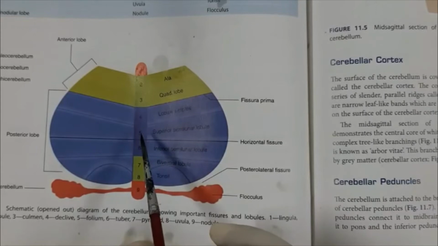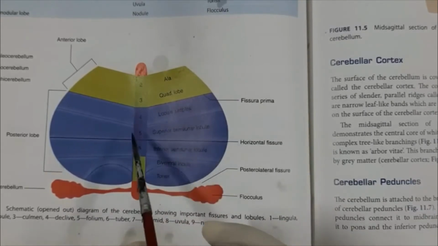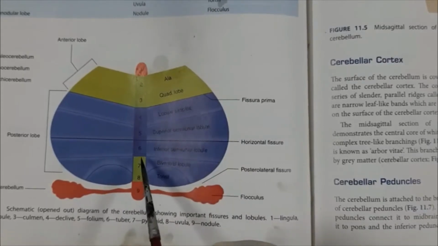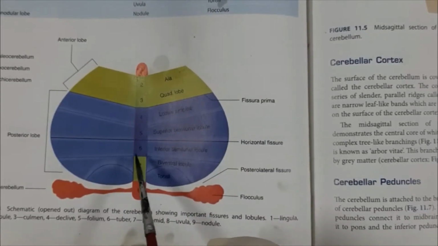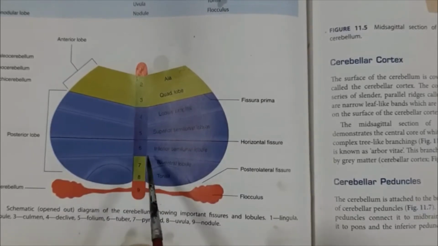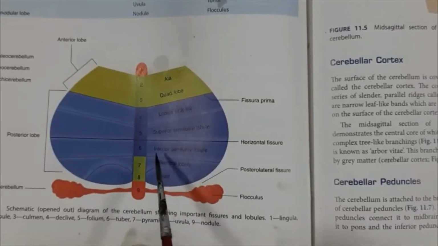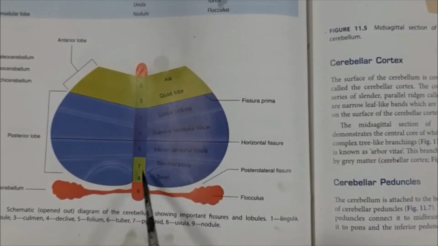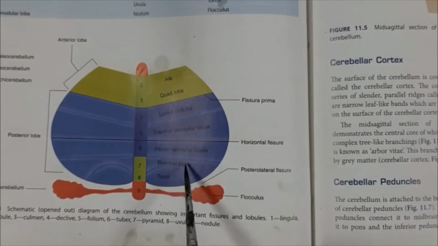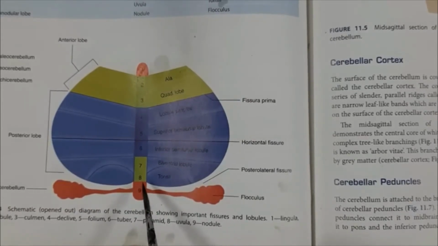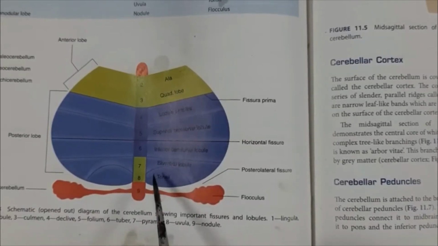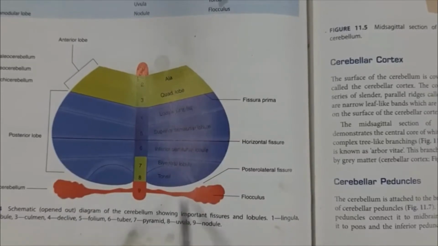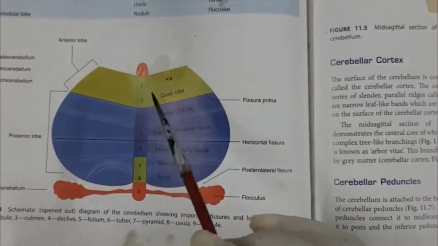Number 5 is the folium, and it is continuous laterally on the right and left side with the superior semilunar lobules. Number 6, the tuber, is continuous on either side with a lobule called the inferior semilunar lobule. Number 7 is continuous with the biventral lobule, and the 8th, the uvula, is continuous on either side with the tonsil, and the nodule is continuous with the flocculus, which I have shown you in the brain.